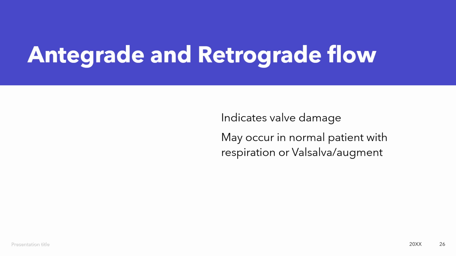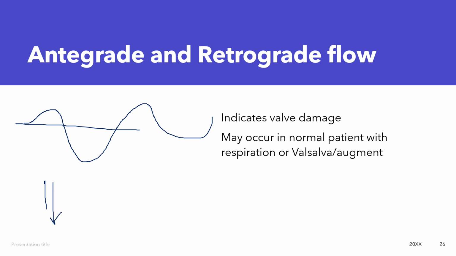Okay, antegrade and retrograde flow. So if you're watching blood flow, let's say you have your color on or your spectral, and maybe on your spectral you see antegrade and retrograde flow. This would indicate that you're having forward motion and then reverse motion. And we know that valves are in place to prevent that from happening. So if we're seeing antegrade and retrograde flow, that would indicate that there's some sort of valve damage.